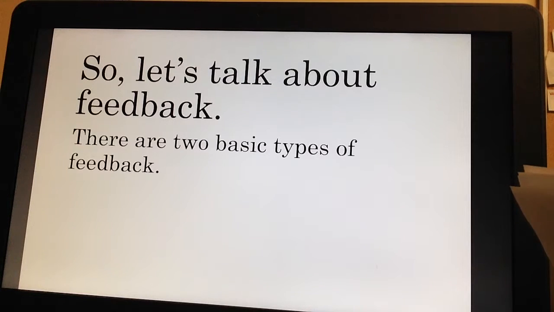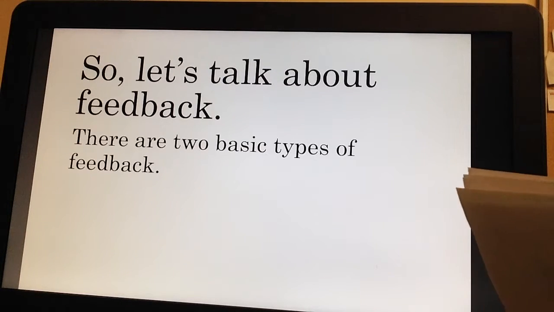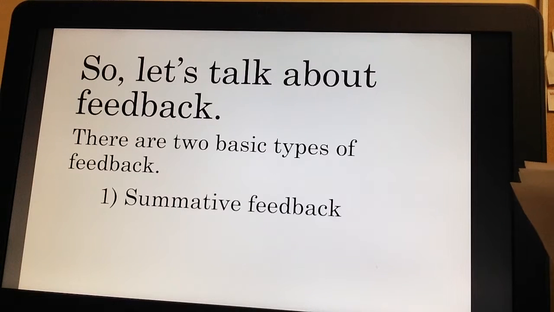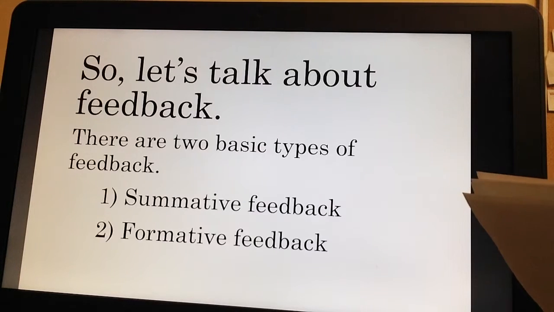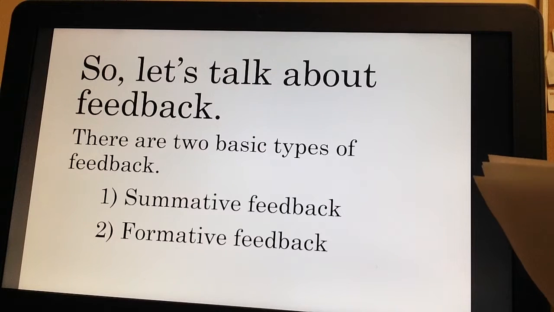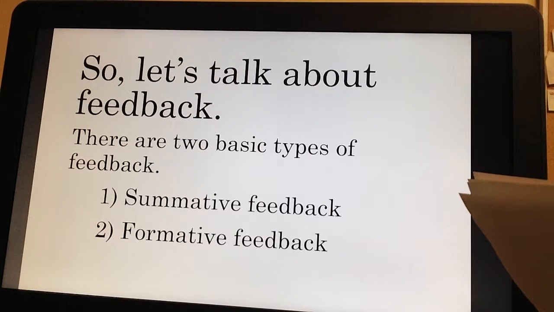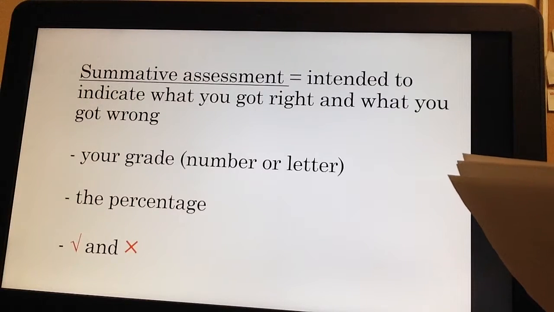Very basically, there are 2 types of feedback that teachers give. There's what is called summative feedback and there's formative feedback. And they are different and have different reasons for being on your test or assignment. Summative assessment is intended to indicate what you got right and what you got wrong.